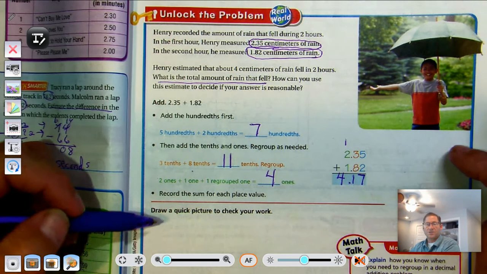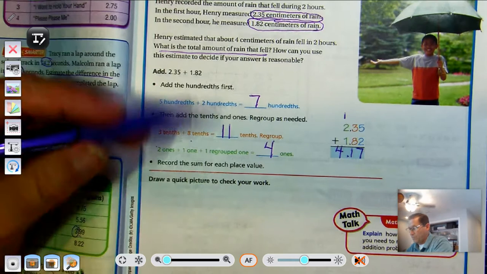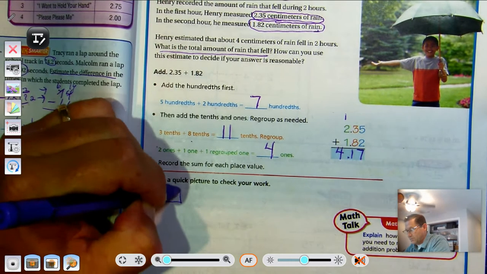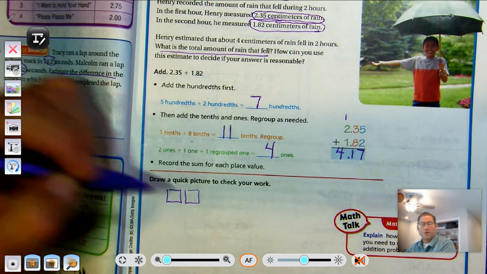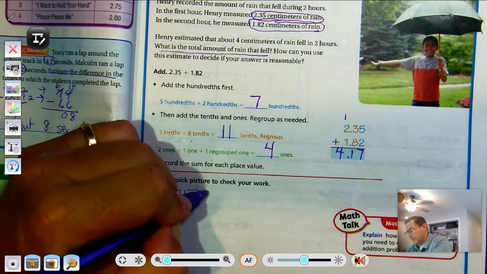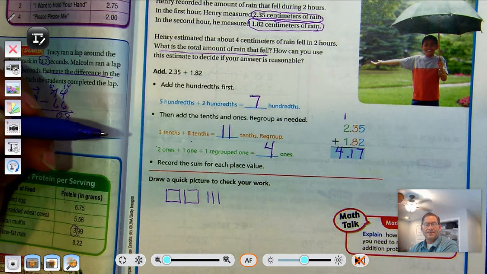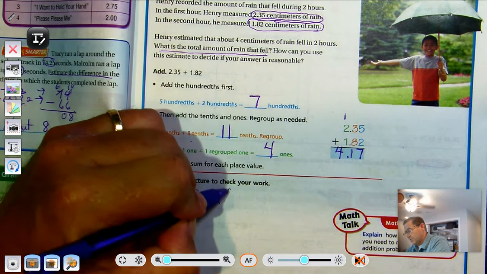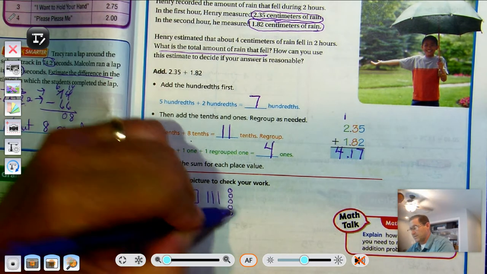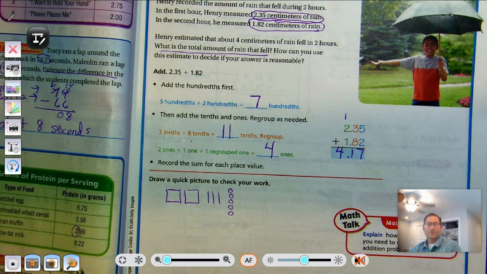So draw a quick picture to check your work. You'll remember that what we did with that is we used squares to represent the whole numbers. We used rods to represent the tenths. And we used circles to represent the hundredths.